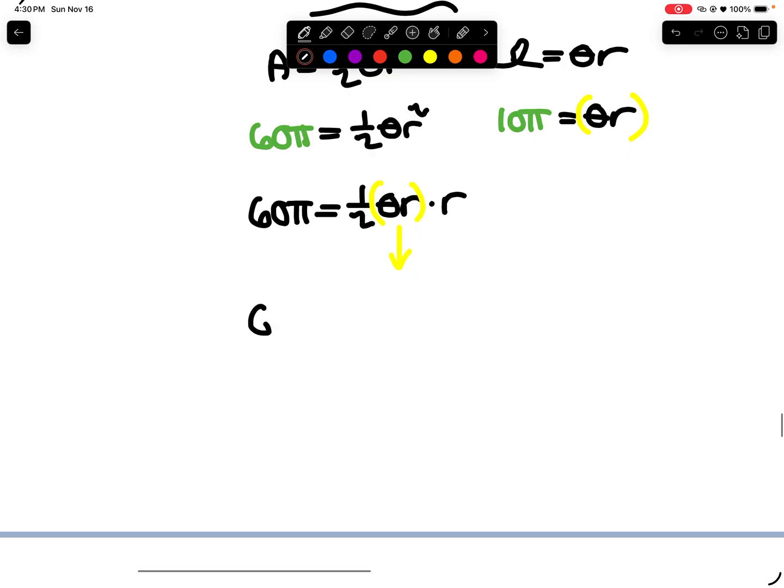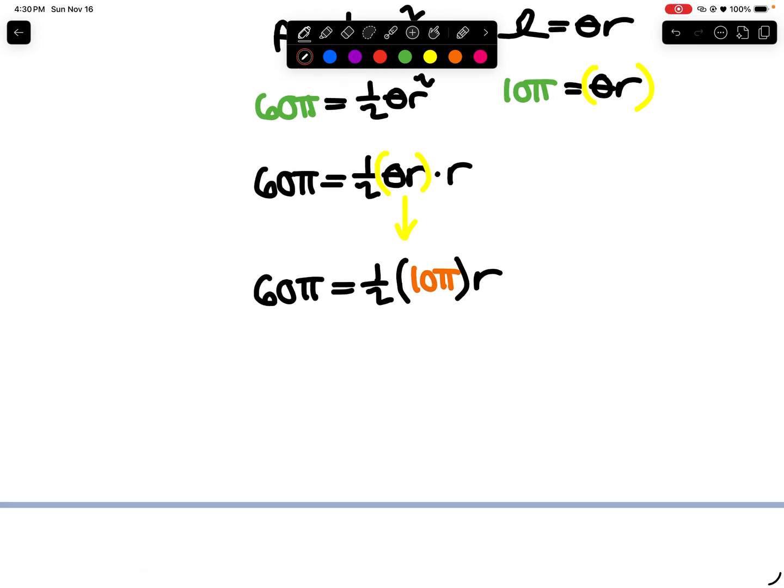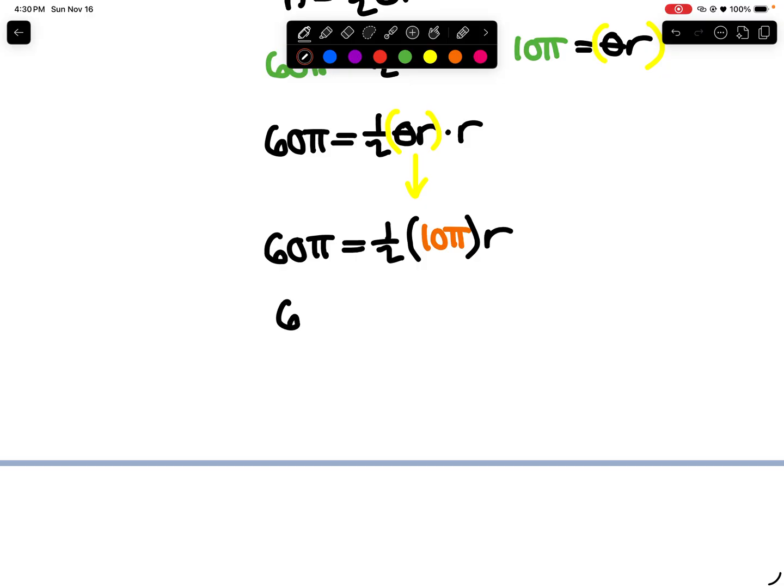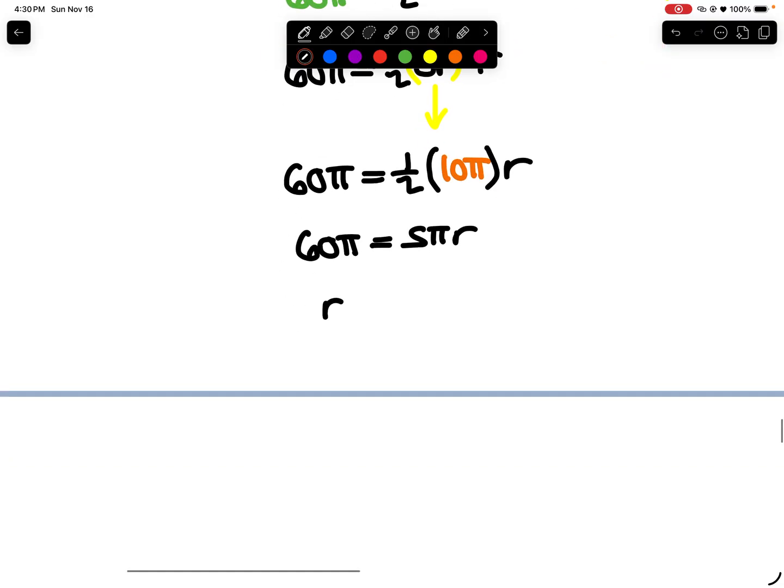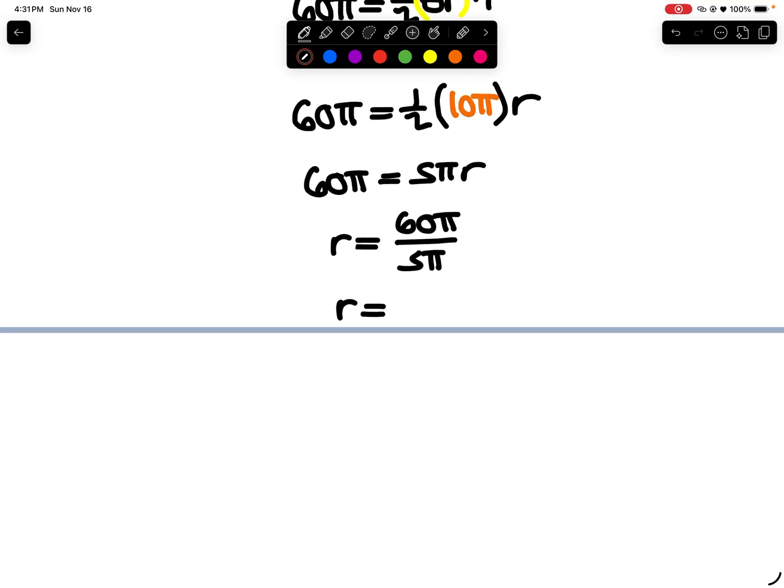So I'm going to have 60 pi is equal to 1/2 times 10 pi, and then times r. So now I'm going to have 60 pi is equal to half of 10 pi, which is 5 pi r. So my r value is going to be equal to 60 pi divided by 5 pi, which means we're going to have a radius that's equal to 12 millimeters.